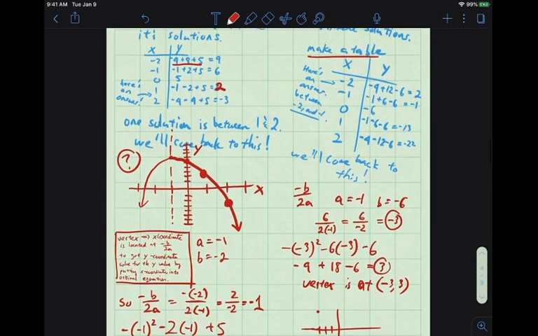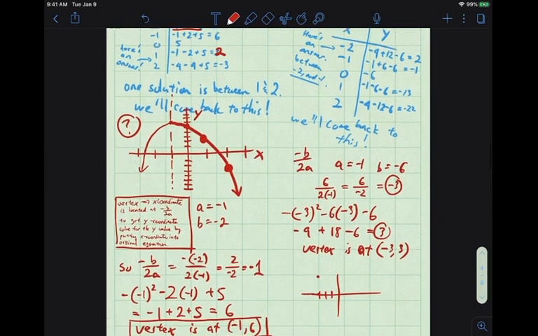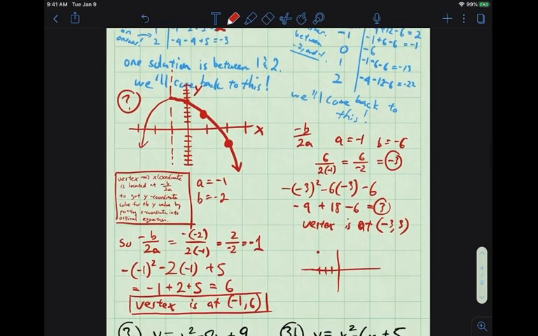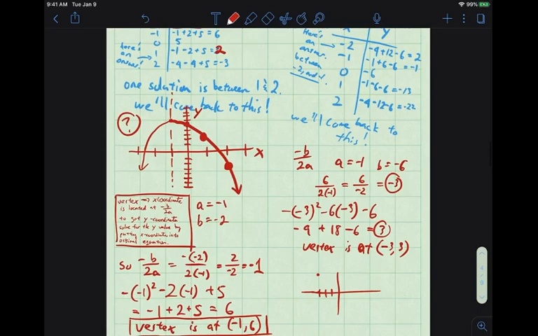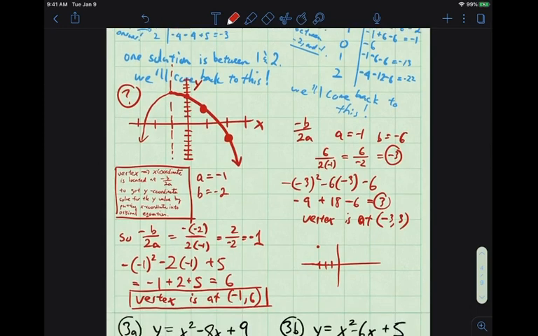So this side, it keeps getting more negative. It crosses the x-axis somewhere here, between, like that. Opens downwards like this, and then it has to be symmetric. So there's your other half. And so that's what I mean by sketch.